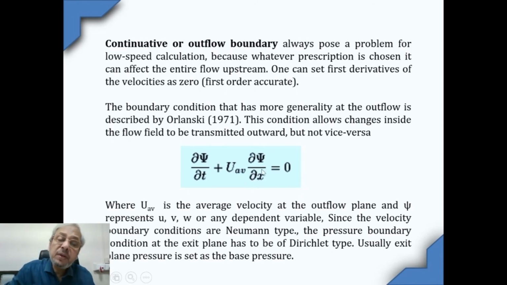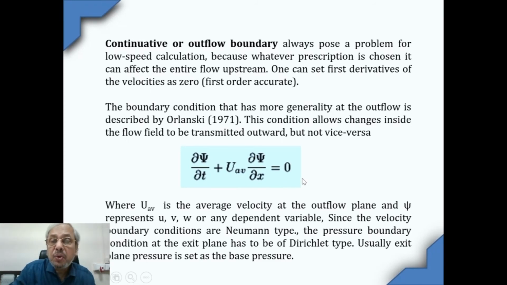So, if the velocity boundary conditions are Neumann type, the pressure boundary condition has to be Dirichlet type. And indeed, we do that. What we do, we set up the pressure at the exit cells as the base pressure of the domain.